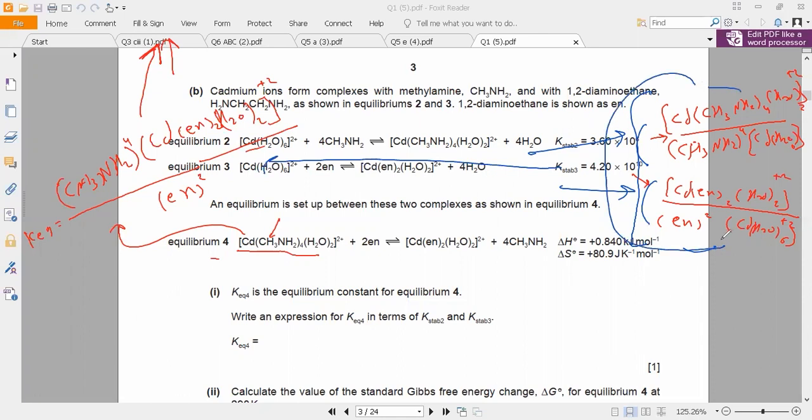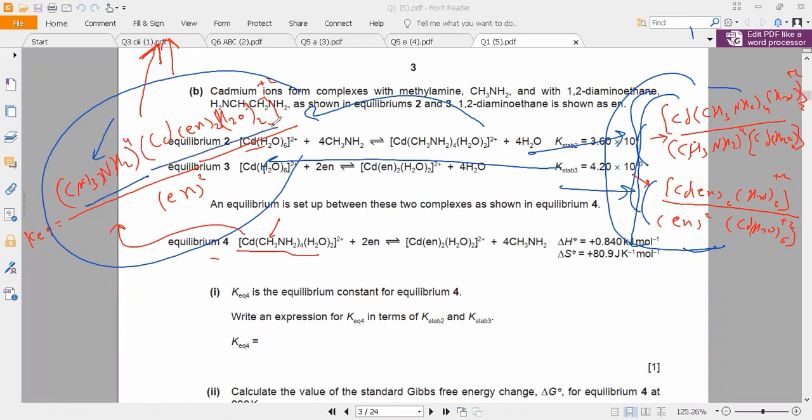How can I use these two equations, by division or multiplication, to get the same equation as this? What are we supposed to do? Think about it, guys. As you see here, up here we have CH3NH2 to the power of 4, and we have this complex.